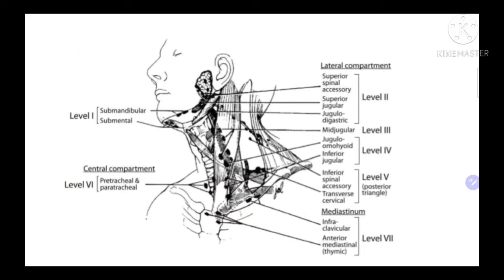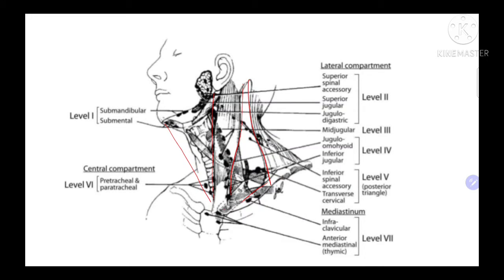The sternocleidomastoid is what we're going to use for the division, to separate the anterior and posterior triangles of the neck. You remember a big anterior triangle here, and another big posterior triangle there. Always remember that.